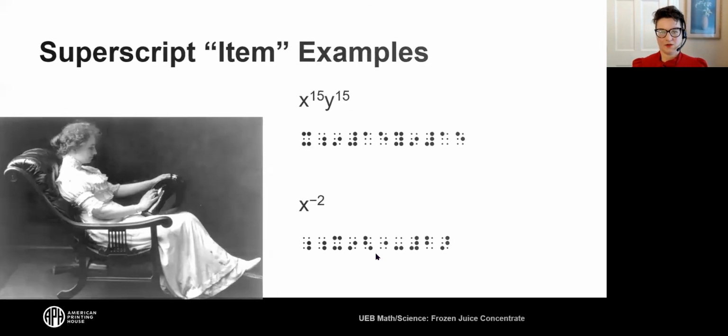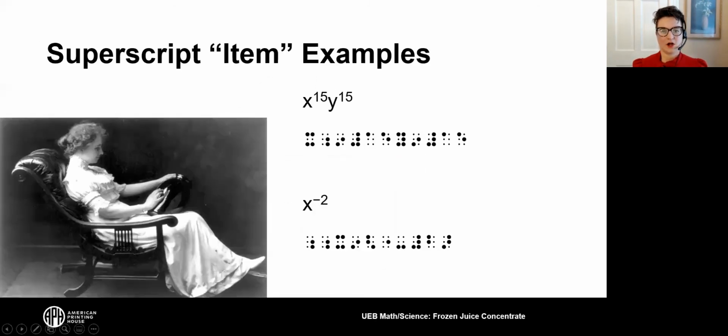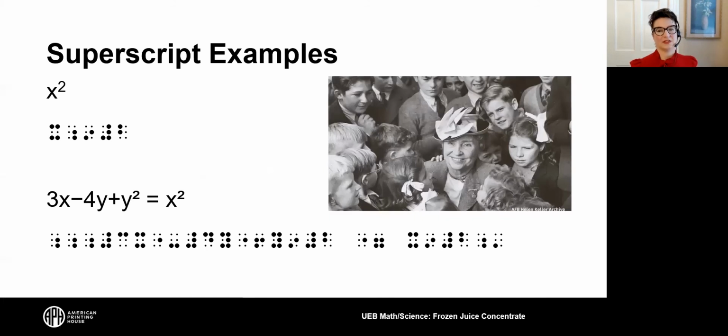So while we're talking about grade 1, let me just revisit the first Helen Keller slide and say the reason I put this second example in a grade 1 passage has to do with the BANA guidelines for transcribing mathematics using UEB, which recommends that we really try hard to stay out of the way as transcribers in the midst of an expression.